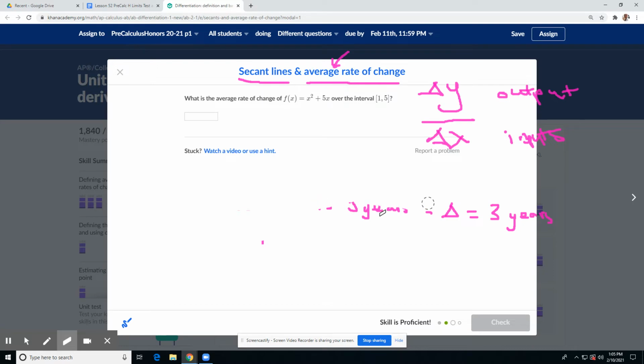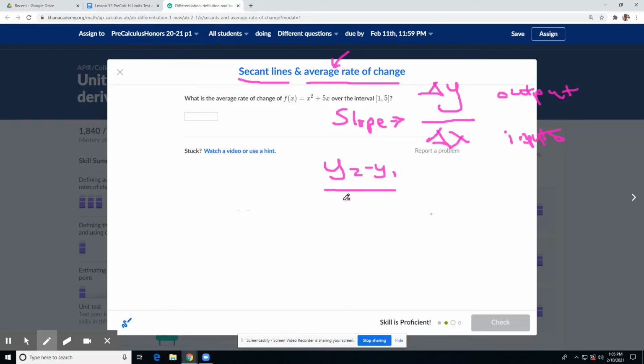We're using that same idea of change to analyze the average rate of change, which is just a fancy word for slope. Whenever I think about this, I always think of slope, which is y2 minus y1 over x2 minus x1. Now we're getting into the idea of a secant line.